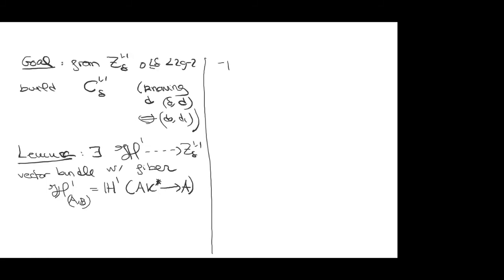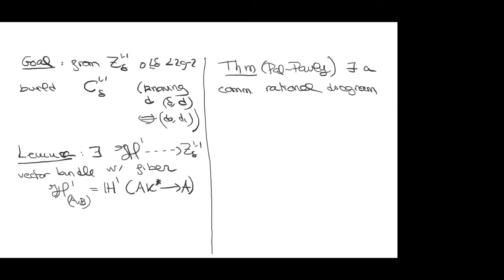So what Hausel and Pauly proved is the following. They proved that there exists a commutative rational diagram from the projectivization of these vector bundles, so let me add the invariant, into the moduli space.